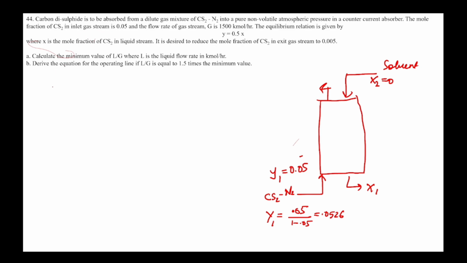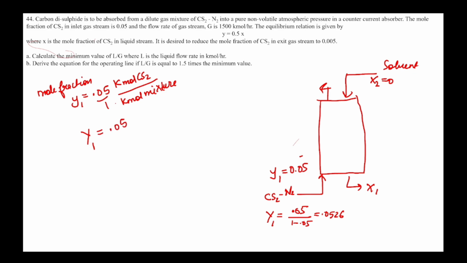Mole fraction means small y1, that is the notation. This means 0.05 kilomole of CS2 in 1 kilomole of mixture, right? Because mole fraction is the moles of a component to the total moles, so the mixture will come. But when I say mole ratio, I write capital Y1, so 0.05 here and 1 minus 0.05 there.